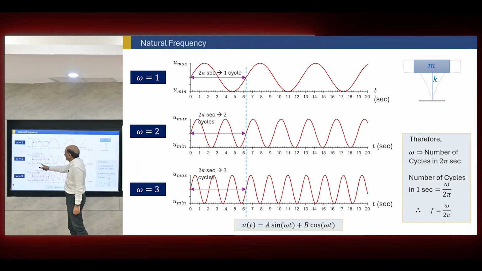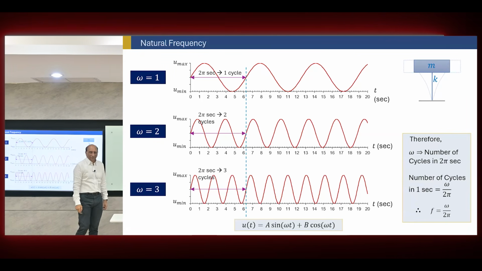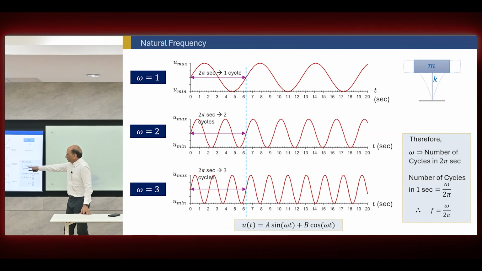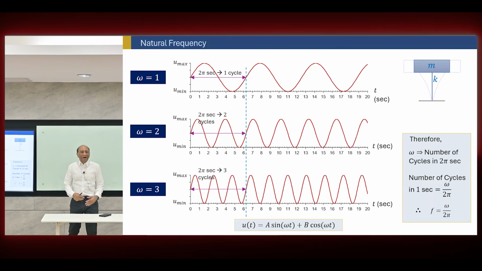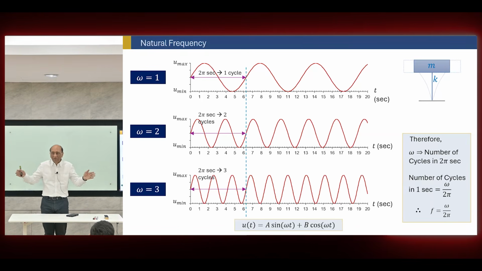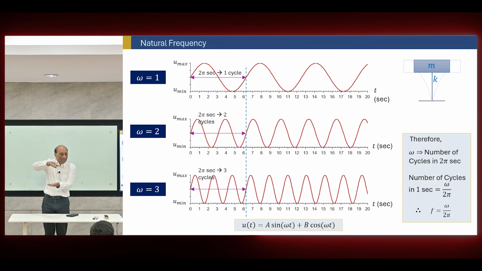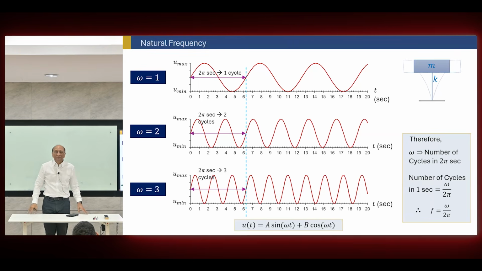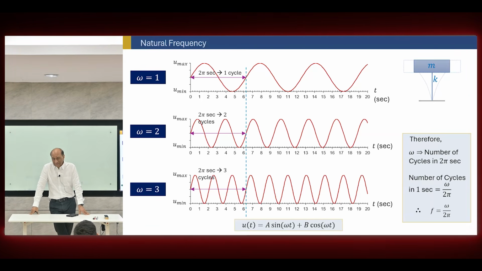Omega equal to 1, omega equal to 2, that means 2 cycles in 1 second. Omega equal to 3, 3 cycles in 1 second, right? So the higher the frequency, the smaller the natural period, because they're opposite, right? The length will reduce. Amplitude doesn't change. Just the time scale becomes shorter. And this is the key to understanding everything.